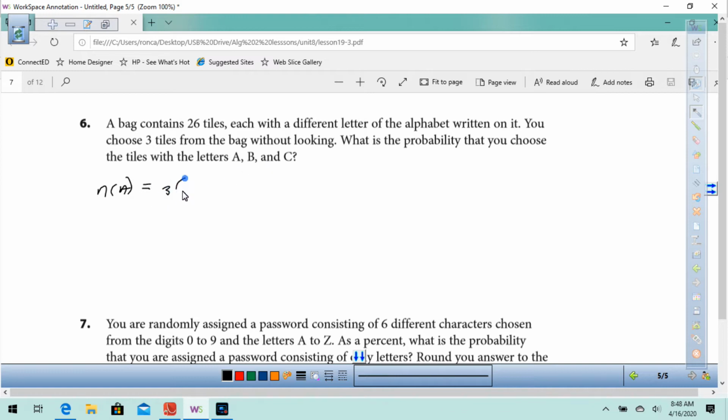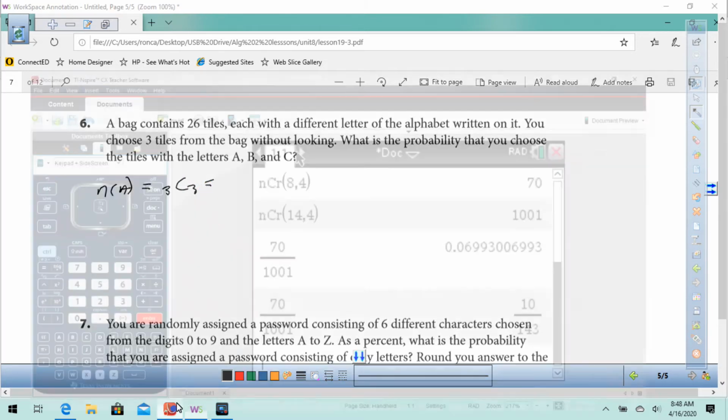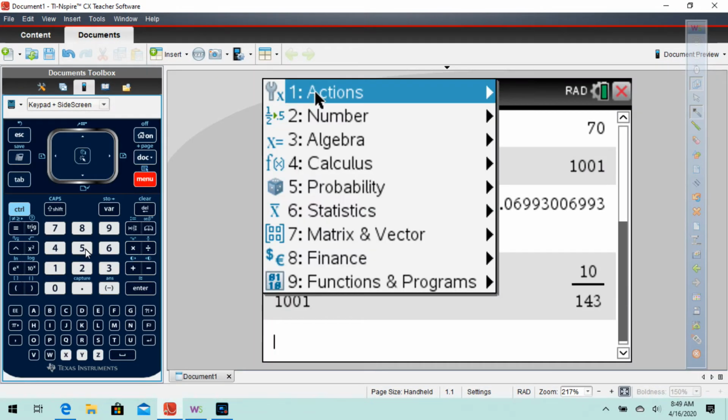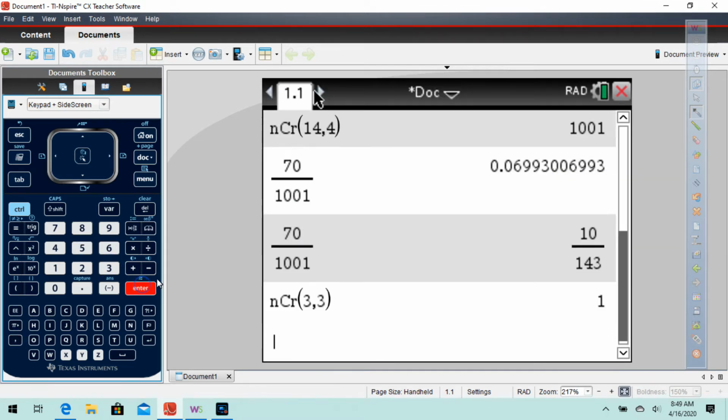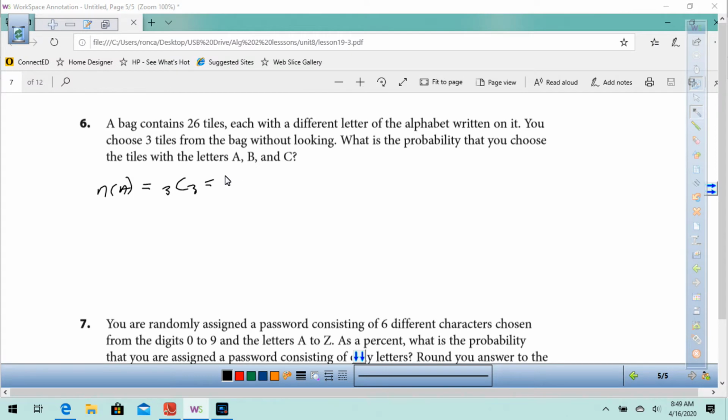You could write 3 choose 3, but that's going to give you 1 as well. Menu, 5, 3, 3, comma, 3, 1. The sample space. How many different combinations of 3 can you pull out of there? That would be 26 choose 3.